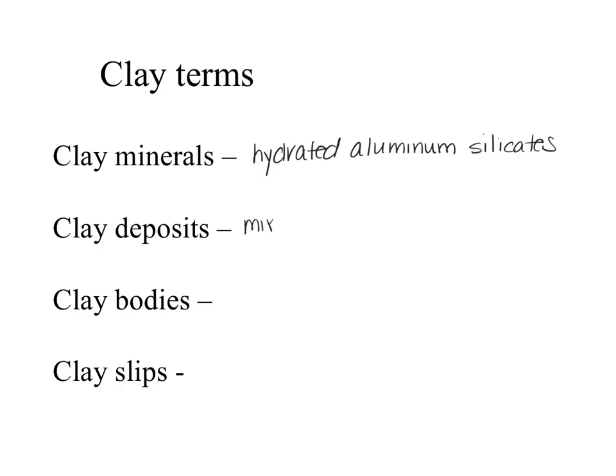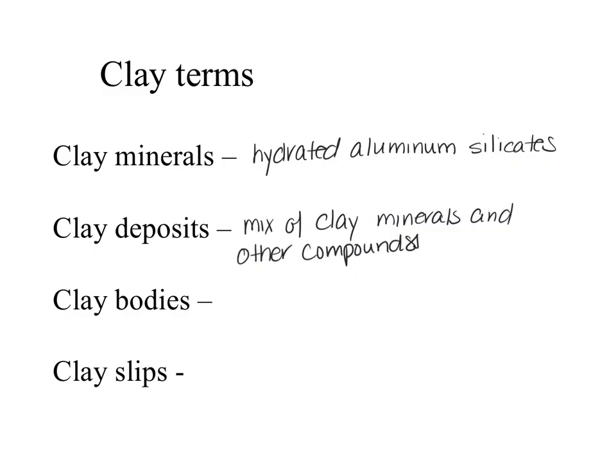This is a mix of clay minerals and other compounds. Okay, and so clay minerals are just hydrated aluminum silicates. If we talk about clay deposits, it's those hydrated aluminum silicates with other compounds all mixed in.